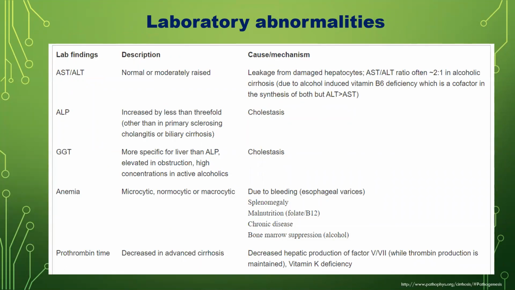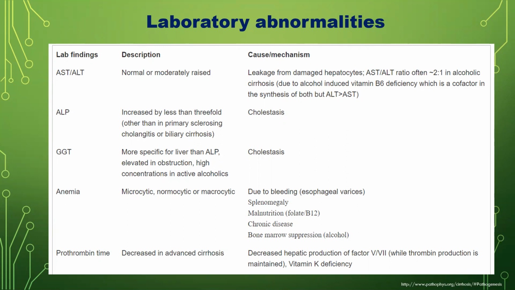Laboratory abnormalities can be seen in patients with cirrhosis. They consist of normal or moderately raised levels of AST and ALT. In the most severe cirrhosis, the AST or ALT levels will be less high, as diffuse cirrhosis results in loss of normal hepatocytes, and AST and ALT, especially ALT, as we know, are markers of normal liver cell damage.